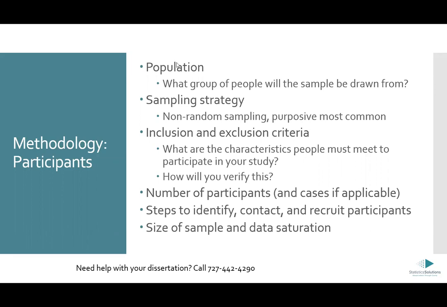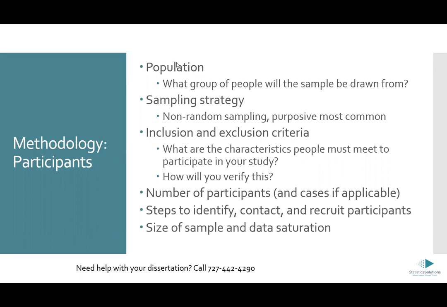You'll also discuss the inclusion and exclusion criteria here. So are there any factors that would exclude someone from being permitted to participate? So you have to think through these characteristics. It's really dependent on your study. Common inclusion criteria are that they must be over the age of 18, they must be willing to participate, they must provide informed consent, but you may have some other important considerations to make.